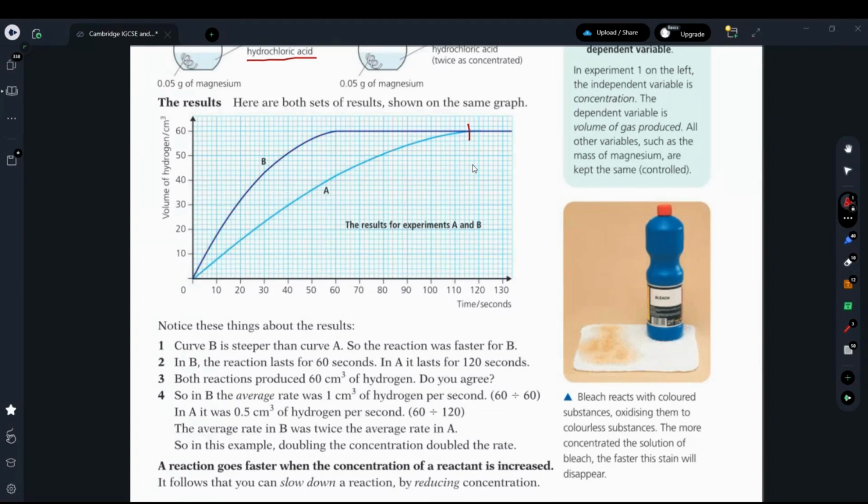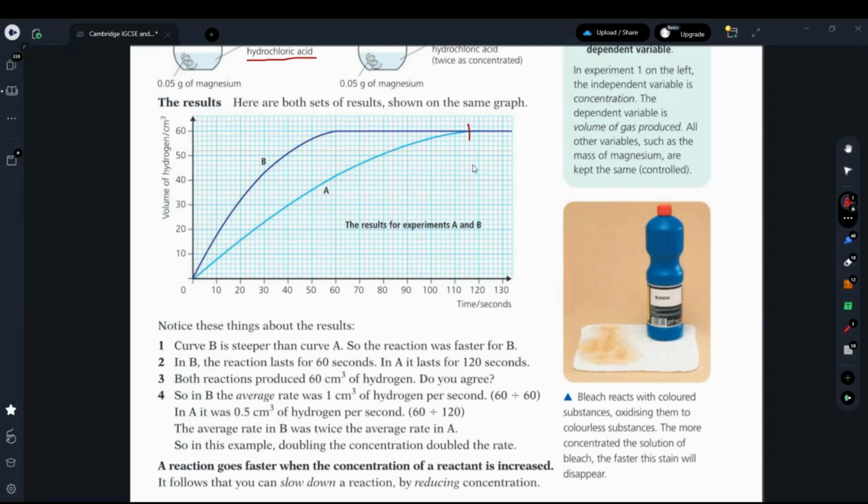For the first case, the concentration is half, and in the second scenario the concentration is doubled. Concentration of what? Concentration of hydrochloric acid. How is that affected? Let's look at the wordings here.